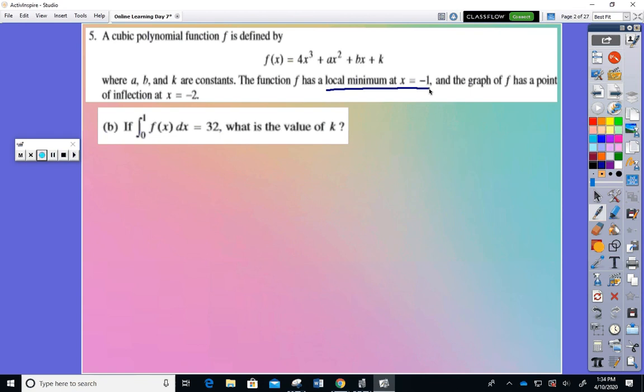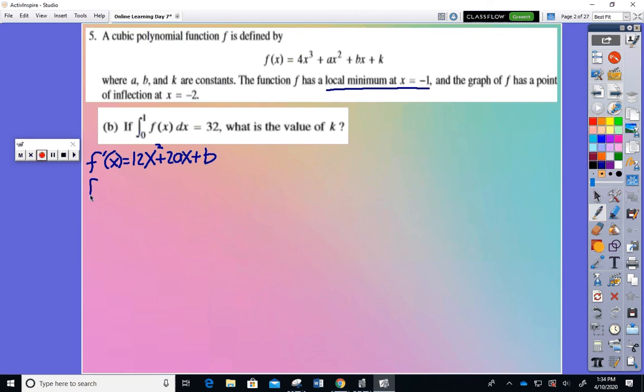I know that I can tell local mins by working with the first derivative. So I'm going to start out and say that f prime of x equals 12x squared plus 2ax plus b. I'm just taking regular old derivatives there. Now, if x equals -1 is a local minimum, it must have been a critical value, and critical values make the first derivative go to 0.